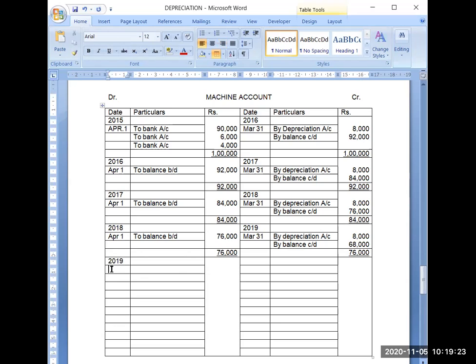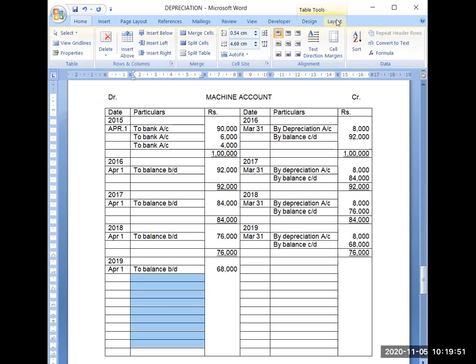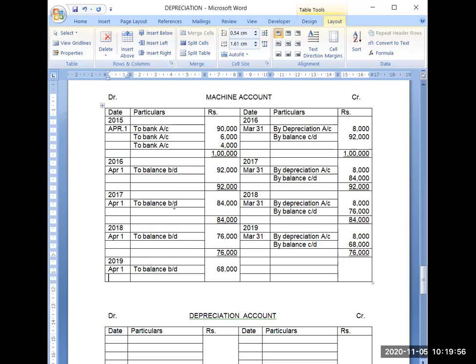So in 2019, April 1st, to balance brought down 68,000. This will be the balance, and here I will close this account in this manner.